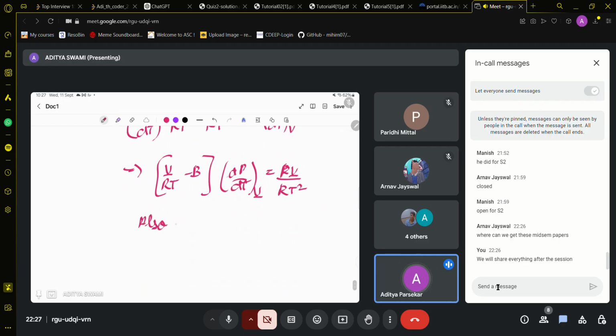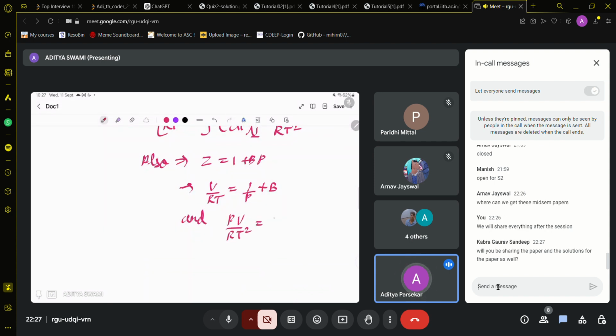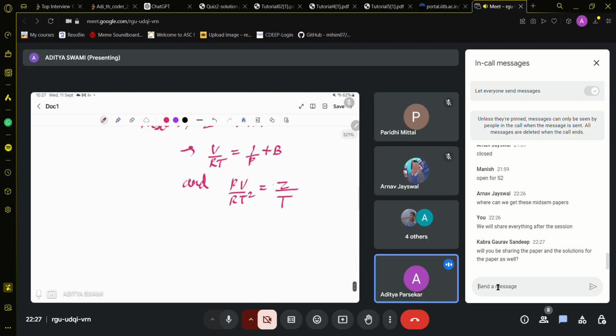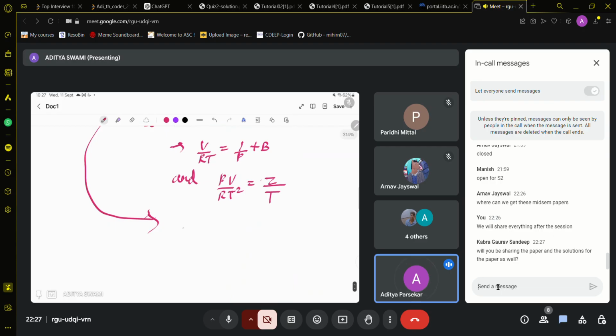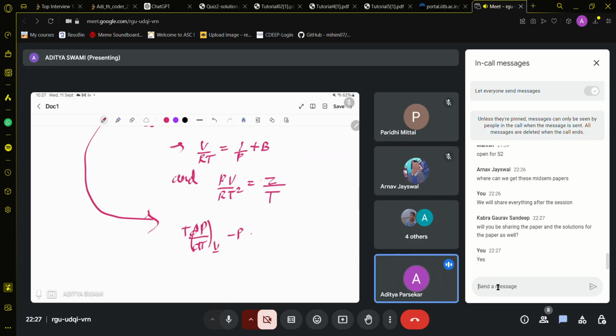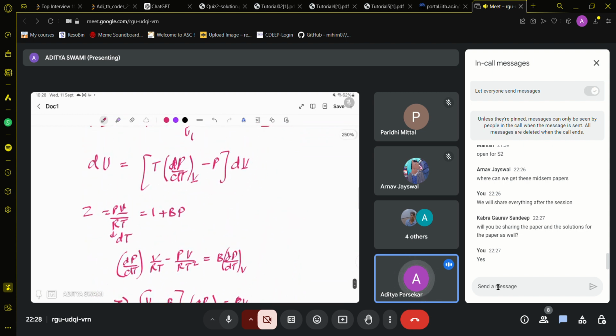Also, we can write from the Z is equal to 1 plus BP equation that v by RT is equal to 1 by P plus B, and similarly Pv by RT square is equal to Z by T. So this equation here can be simplified into T dP by dT at constant volume minus P is equal to (Z minus 1) times P. Now we know that we initially had this equation.